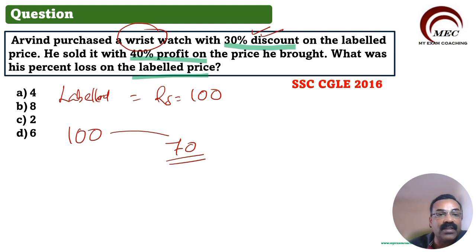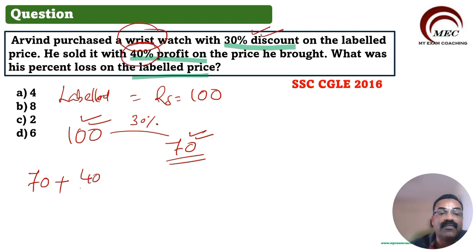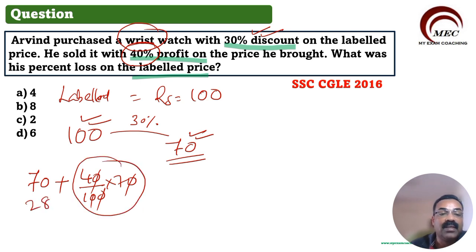On this 70 rupees, he wants 40% profit. So 40 by 100 into 70. Cut 10, cut 10, 4 sevens are 28. So 70 plus 28, he sold it for 98 rupees.